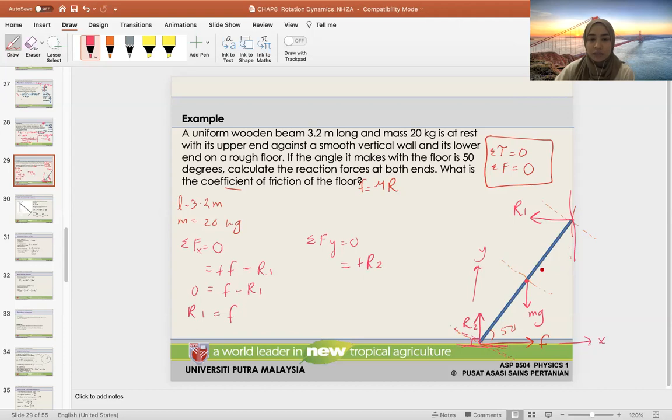I have mg. So R2 minus mg equals 0. So R2 is equal to mg, and R1 is equal to friction. Okay, right. That is my example. Sorry.